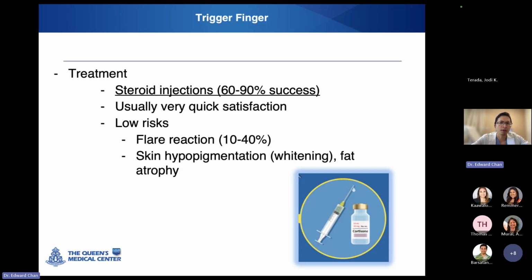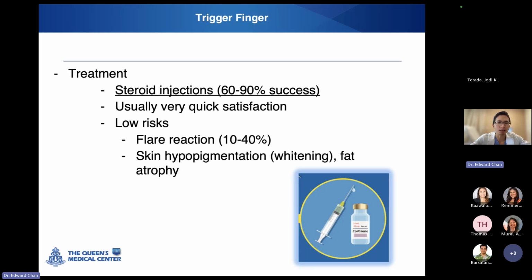I do tell people the main things to be aware of. There's always a theoretical small risk of an infection anytime you are sticking a needle in something with any kind of shot, but that's a very, very, very rare chance. You can get something called a flare reaction sometimes with a steroid injection. What that means is the way the body reacts to the steroid medicine and the shot itself.